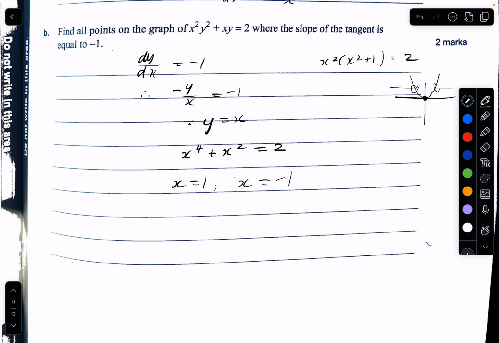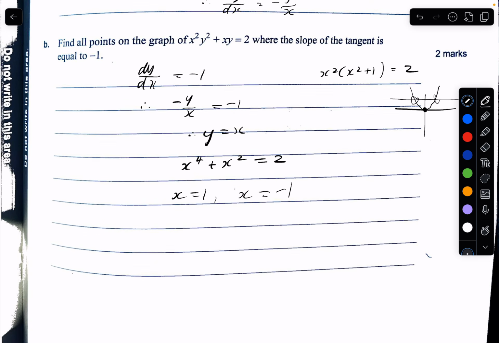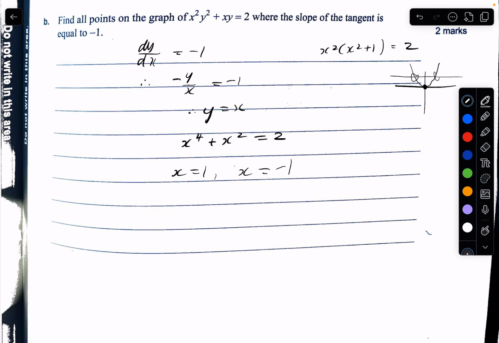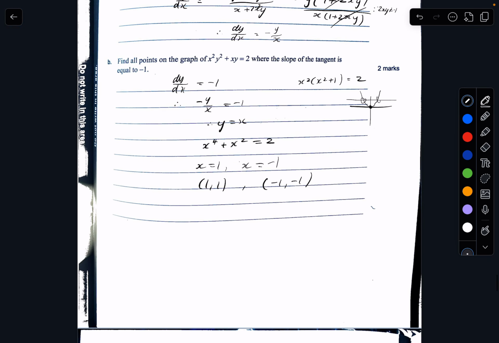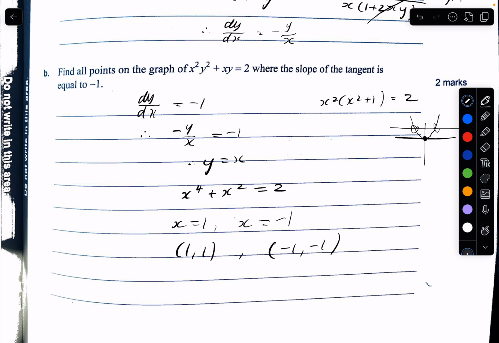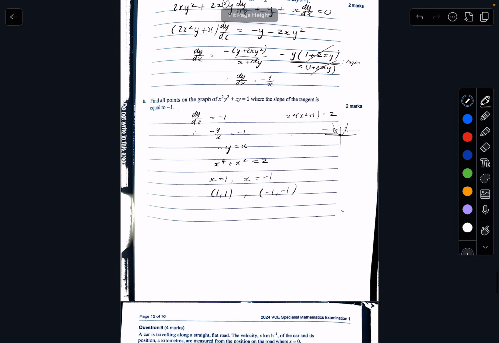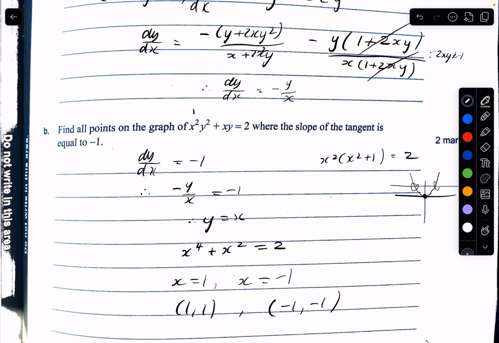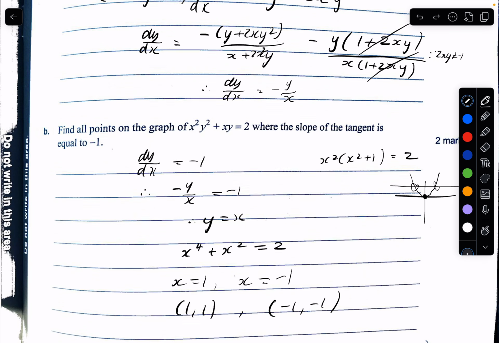Okay, so the points are 1, 1, and negative 1, negative 1. Is that right? Because y is equal to x, I think. Yeah, so 1 times 1 plus 1 times 1 is 2, and negative 1 times negative 1 is also 1. Okay.